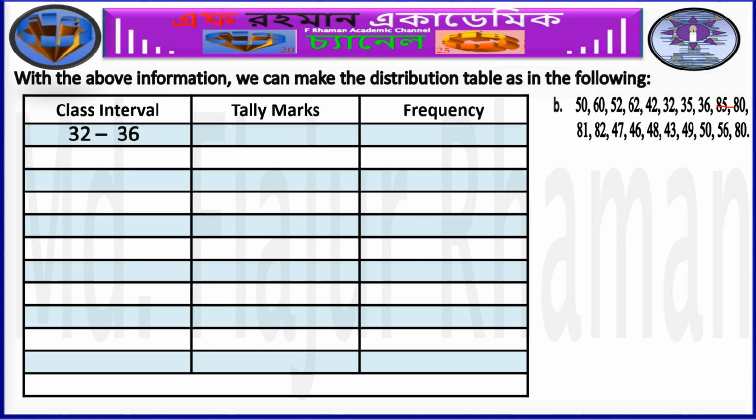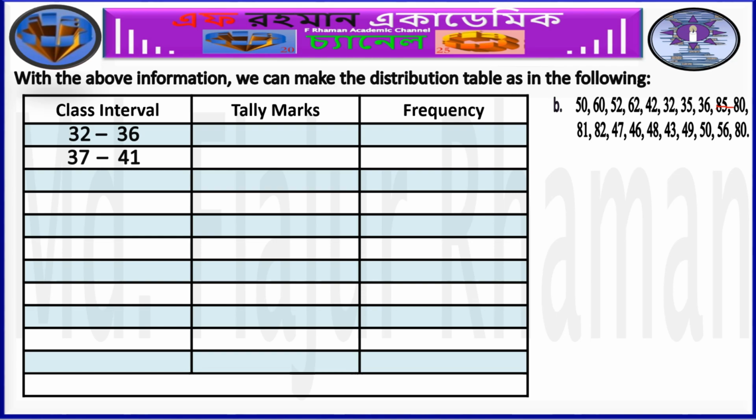If the class length is 10, then you will add 9 with the lower limit to get the upper limit. However, lower limit of the next class interval will be the next integral number of 36, that is 37. If you add 4 with 37, then we'll get 41 as the upper limit.